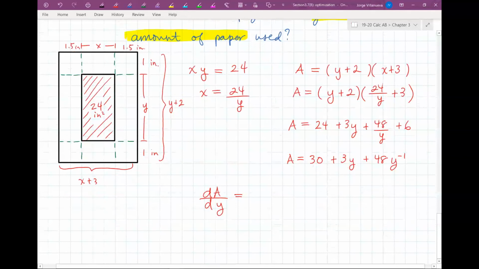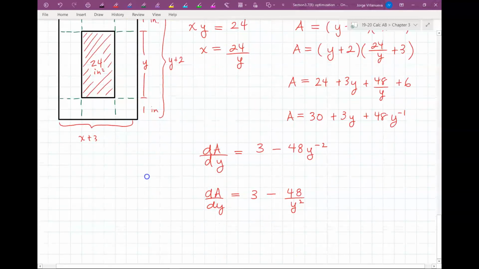Okay, so all right, the derivative of 30 is 0. The derivative of 3y, well, that's 3, right? And then the derivative of 48 y to the negative 1, that's going to be negative 48 y to the negative 2. So dA/dy is equal to 3 minus 48 over y squared.